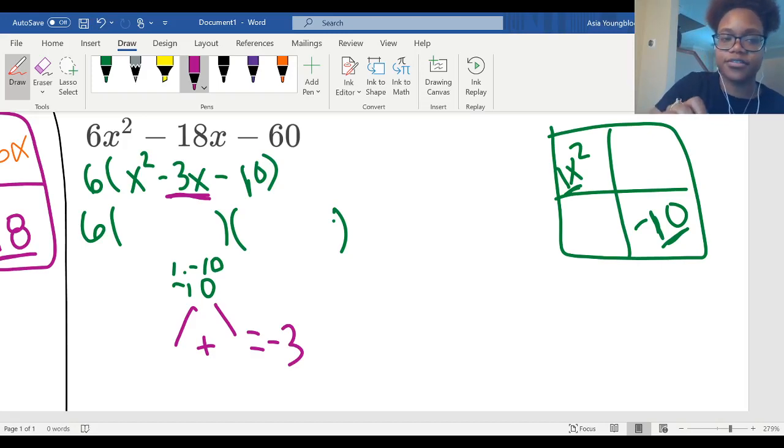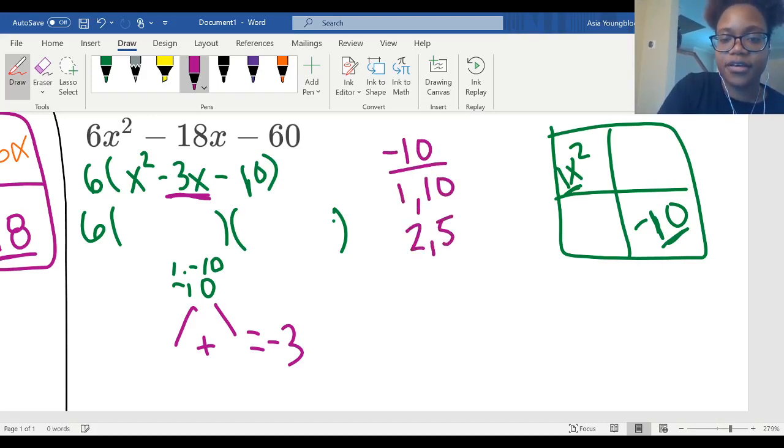So let's think of our factors of 10. We have 1 and 10, 2 and 5, and we can stop there because 10 divided by 3 and 10 divided by 4 are decimals, therefore 3 and 4 are not factors of 10. So we have to figure out which of these 2 pairs we can combine to get negative 3.